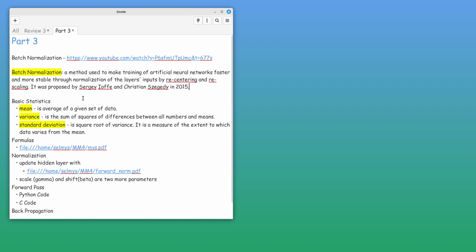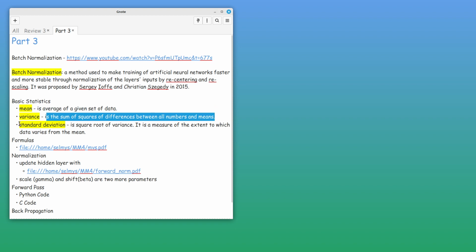For batch normalization, we need to review a little bit of basic statistics, and look at what the mean is. Mean is just the average of a given set of data. Variance is the sum of the squares of the difference between all the numbers and the mean.